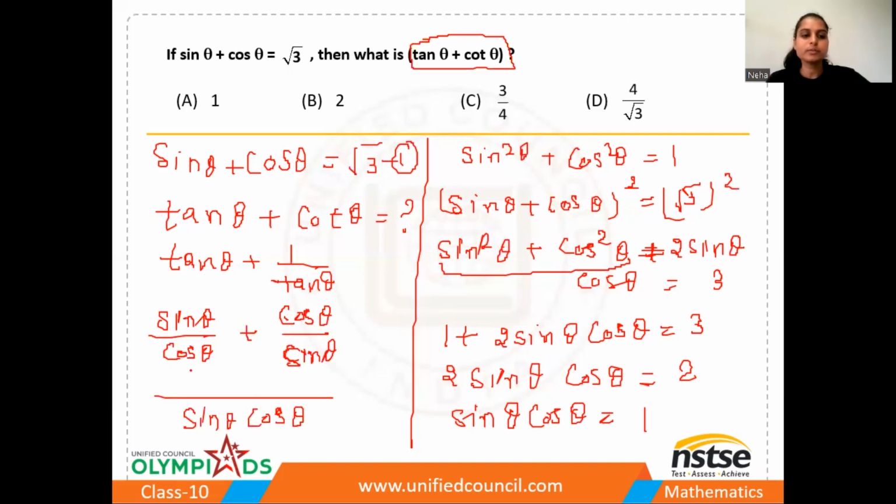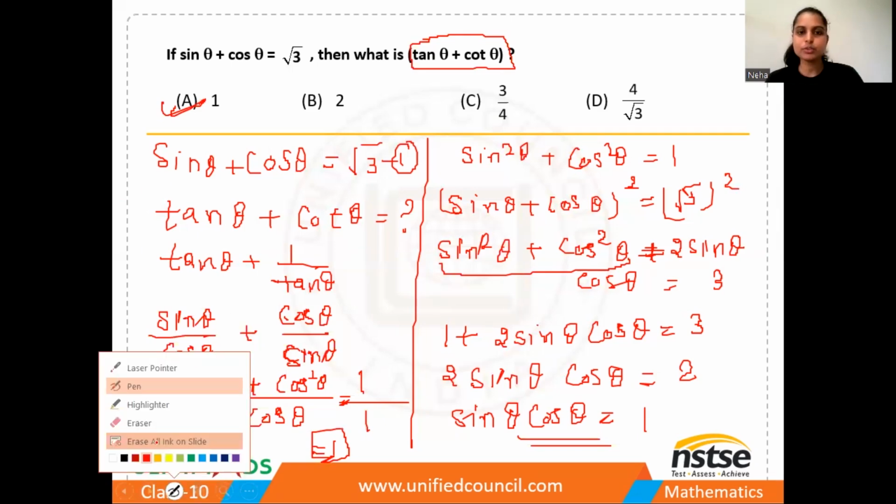Okay, so this becomes sin square theta plus cos square theta, which is equal to 1. So this is 1 upon sin theta into cos theta, and sin theta into cos theta is again 1. So 1 upon 1, that means the correct answer is 1. Very well. So option A is your right answer. Very good. This question is also done.